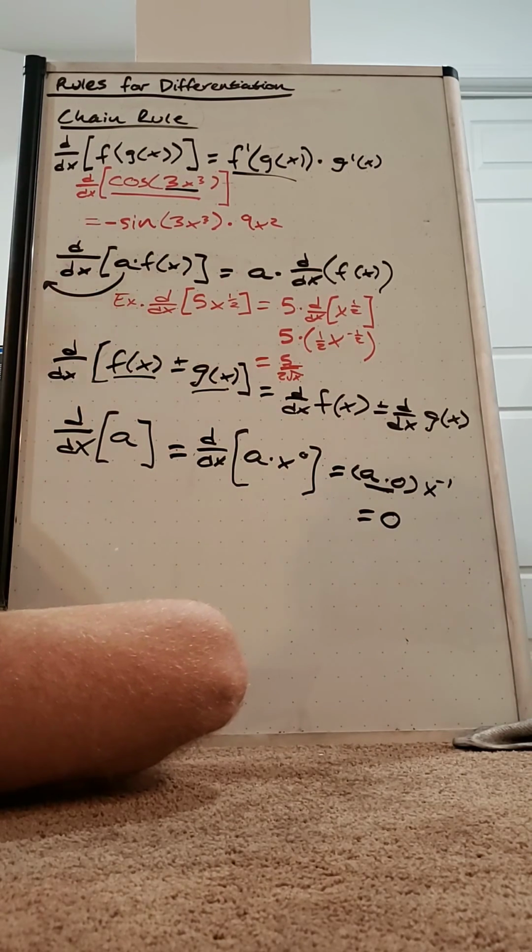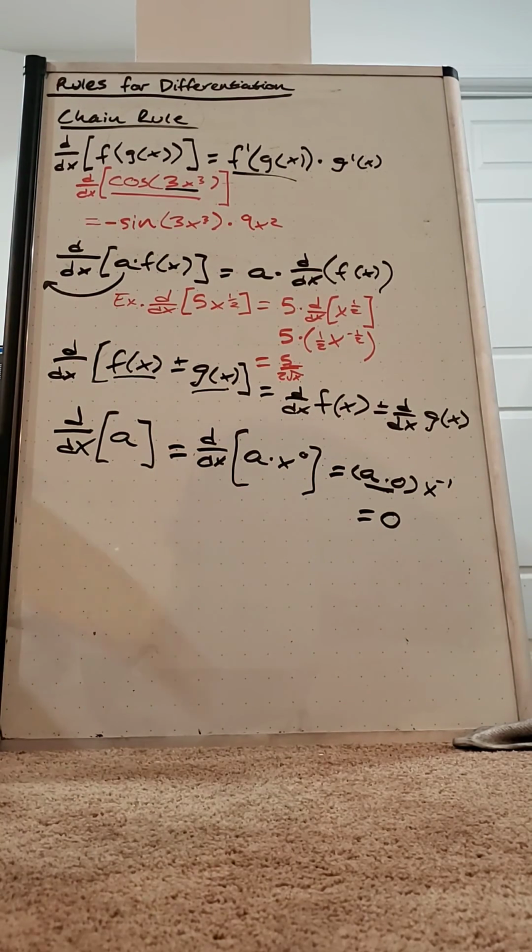But for now, you should really know these by heart, because they are very important. You have to be able to take derivatives without really thinking about it. And with enough practice, this should come pretty easy.